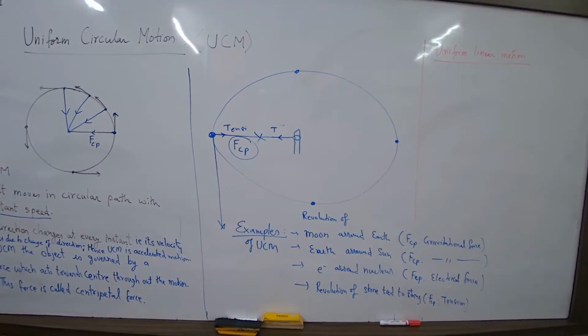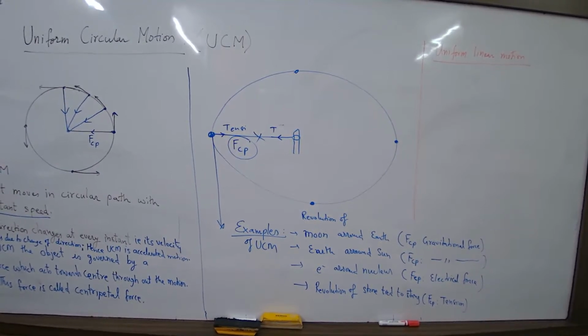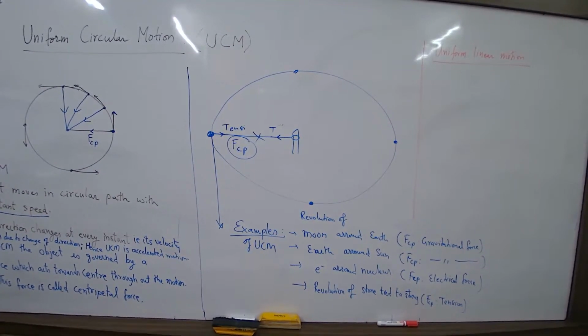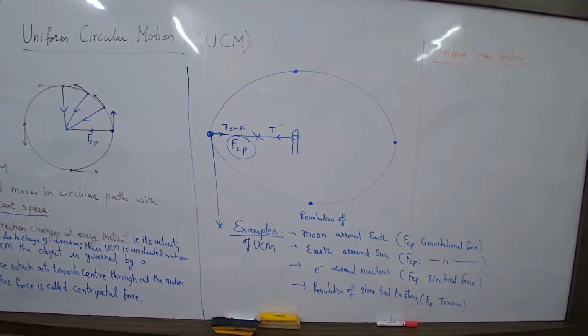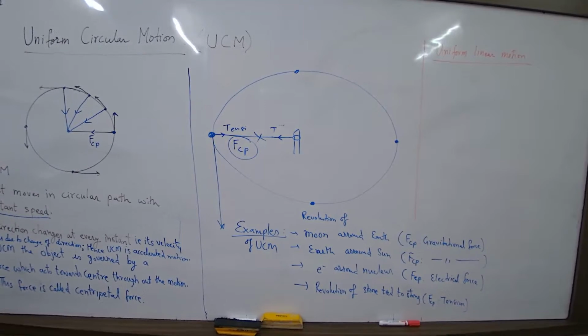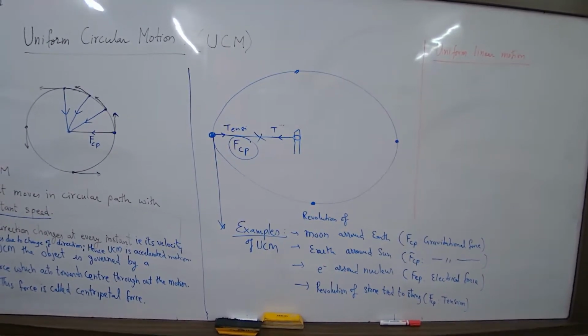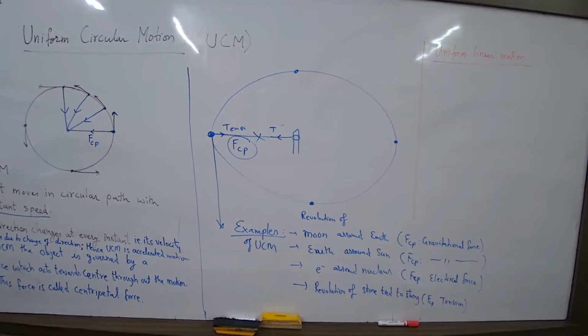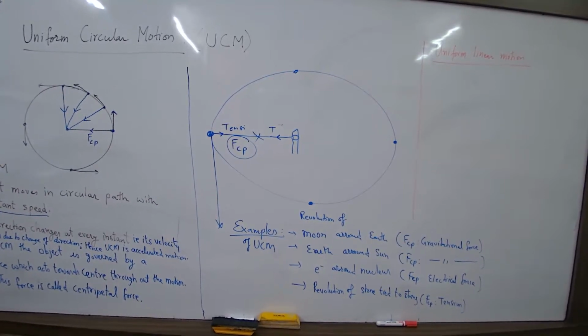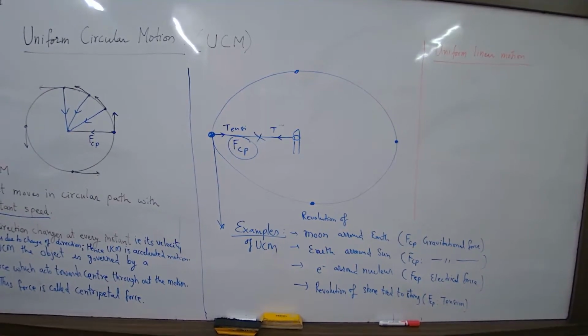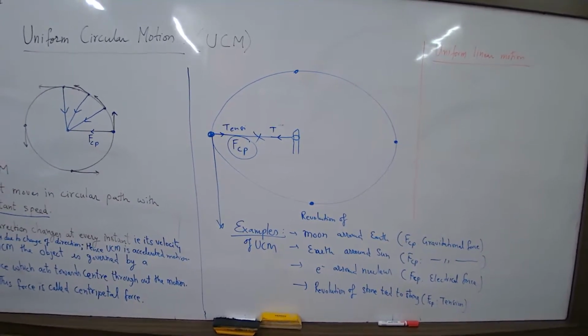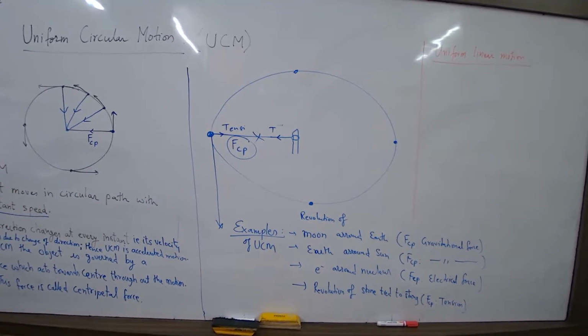So how is it different from uniform linear motion? In uniform linear motion, the direction of velocity does not change. Velocity is constant because it is uniform. Neither is the magnitude changing, nor the direction. So speed and direction both are not changing. So is it accelerated motion? No. That's the difference.